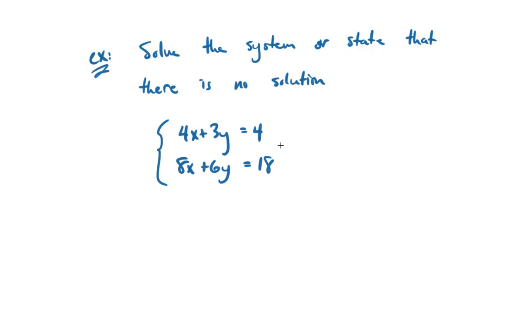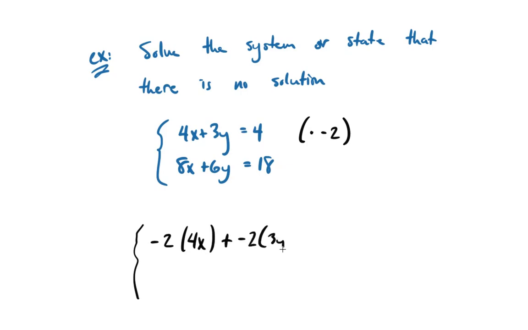So for example, we can multiply this top equation by negative 2. So we're going to multiply, that's what this little dot is indicating, by negative 2, and that's going to give us the new system. So negative 2 times 4x plus negative 2 times 3y equals negative 2 times 4, and then we haven't done anything to this bottom equation.